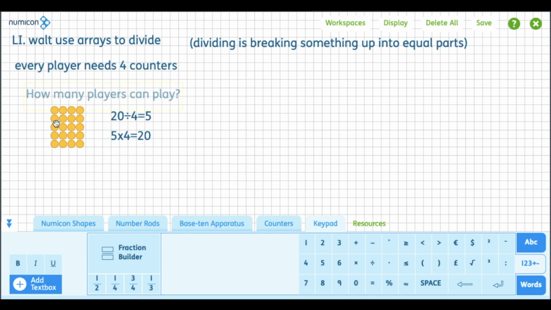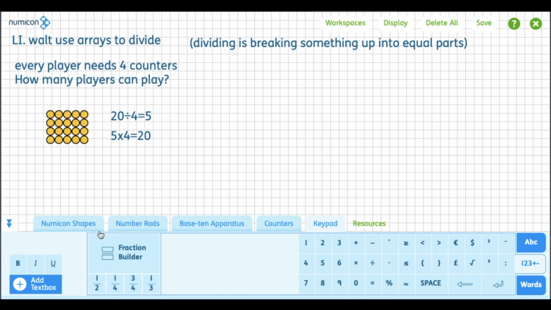Now, I did say that we could have 2 multiplying and 2 dividing sentences. So if I rotate this around the other way, then all of a sudden I have 4 times 5 equals 20, which, as we know, is the commutative law of multiplication. But I still have 20 altogether, so I could still write 20 divided by, and now I've got 1, 2, 3, 4, 5 per group. 20 divided by 5 is equal to 1, 2, 3, 4 groups.